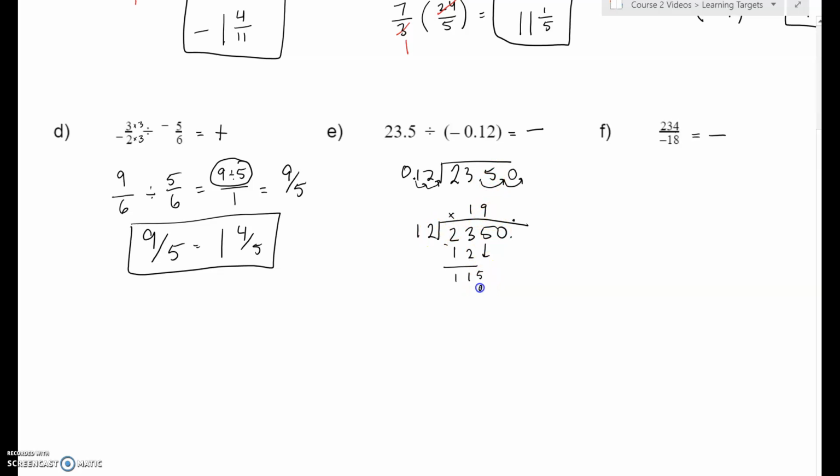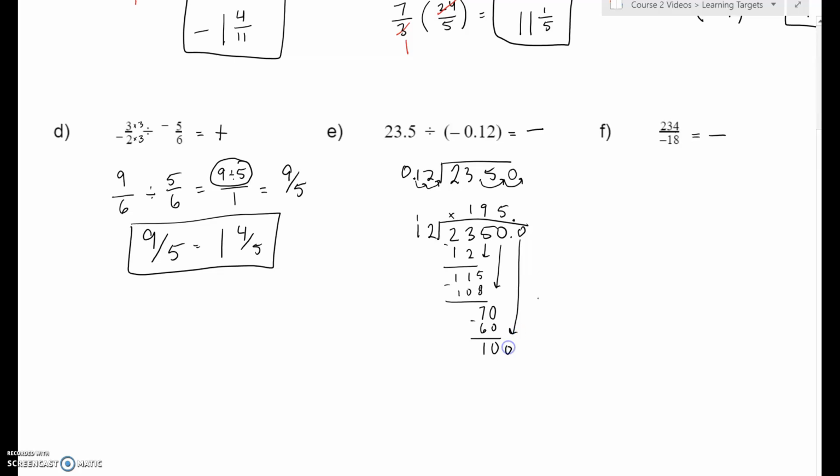So 9 times 12 is 108, and 108 is 7 away from 115, so the difference is 7. Bring that down. 12 goes into 70. 6 is going to be too much. Let's do 5. 5 12s, 60. Remainder of 10.